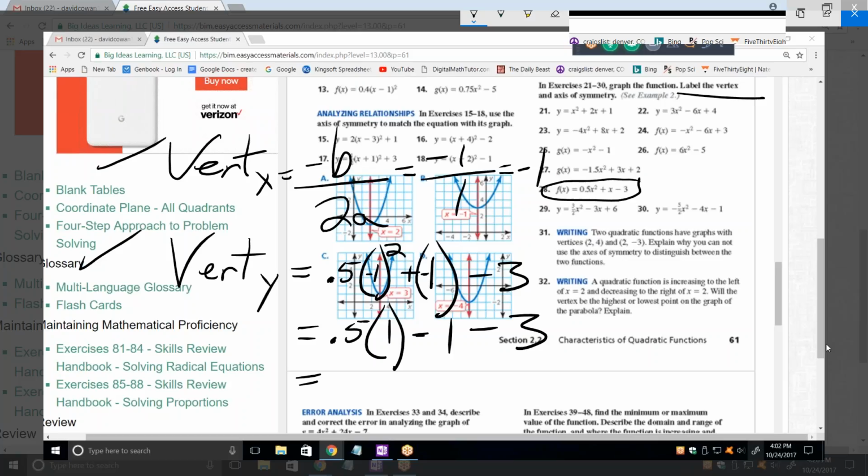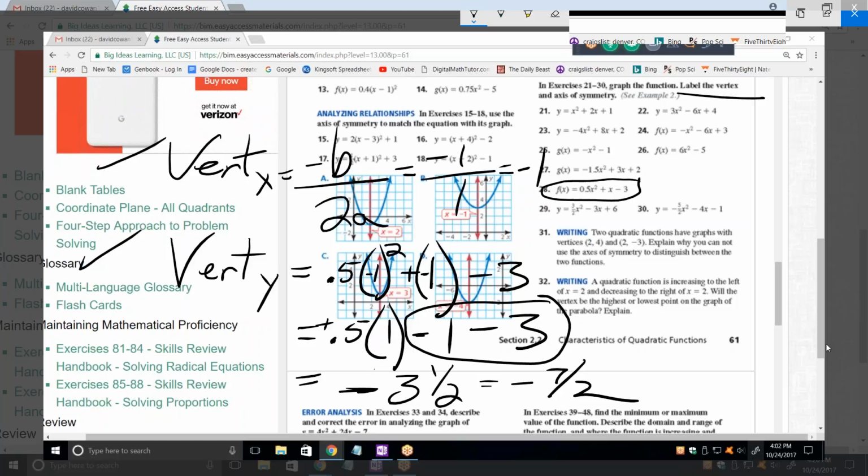So 0.5 minus 1. So -1.5 minus 3. So -4.5. That's -4 plus a half, which is -7/2. Okay.